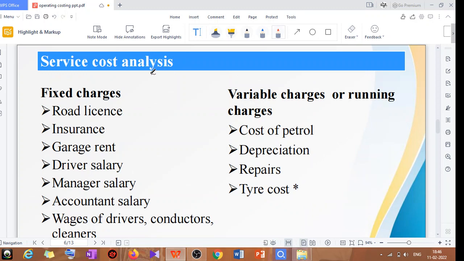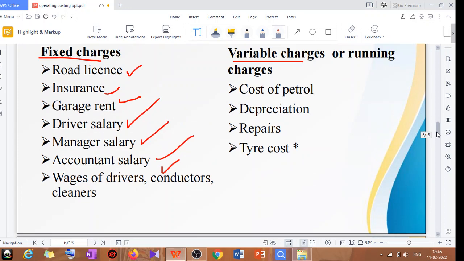Now let us see what the service costs are. It means operating cost. We have fixed cost and variable cost, that is, fixed charges as well as variable charges. Under fixed charges, we have road license, insurance, garage rent, driver salary, manager salary, accountant salary, wages of conductor, driver, cleaners.